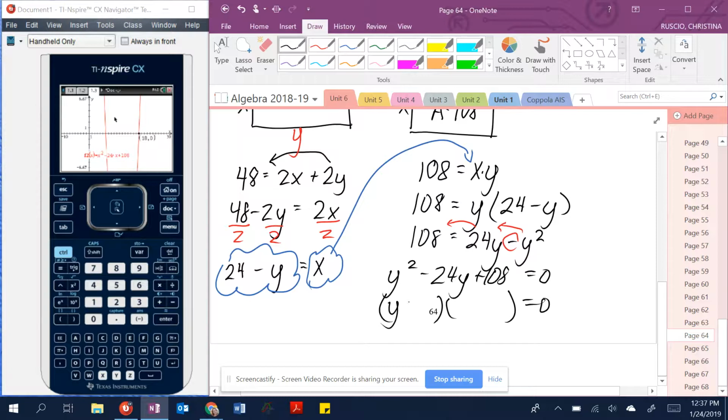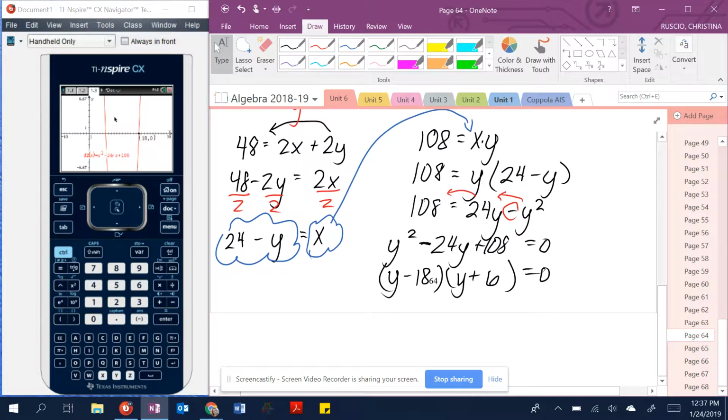So y minus 18, and then y plus 6. I knew that because this was negative here, so I wanted the bigger of those two numbers to be the negative. And when I solve for y, I'm going to get y equals positive 18, and y equals negative 6.